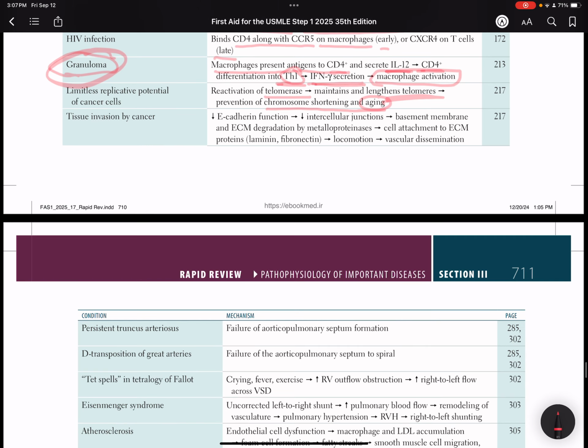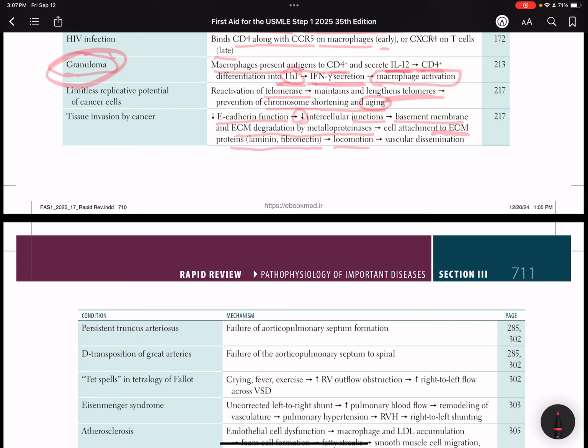What causes tissue invasion by cancer? Tissue invasion by cancer is due to decreased E-cadherin function. This leads to decreased intercellular junctions. This leads to basement membrane and extracellular matrix degradation by metalloproteinases. This leads to cell attachment to ECM proteins, laminin, fibronectin.